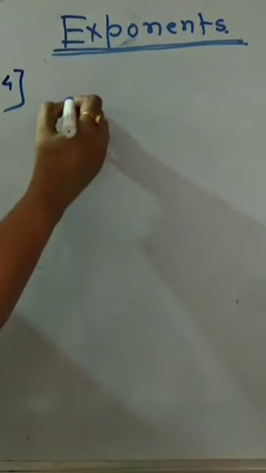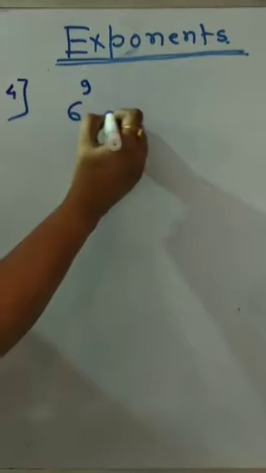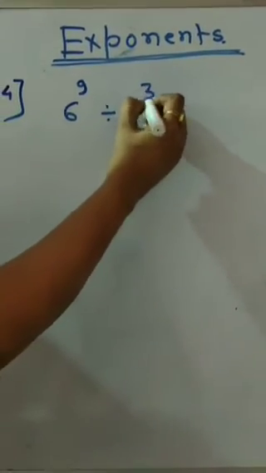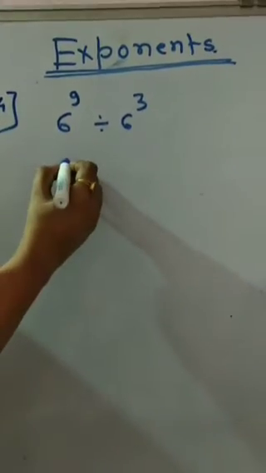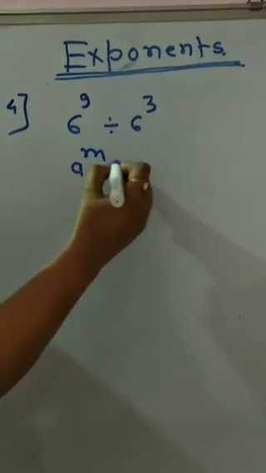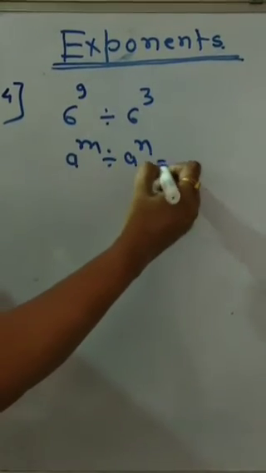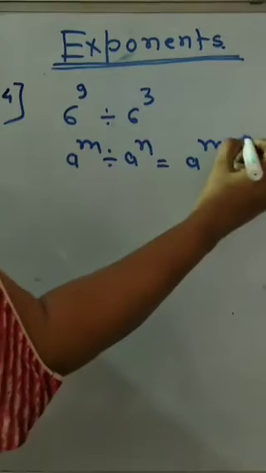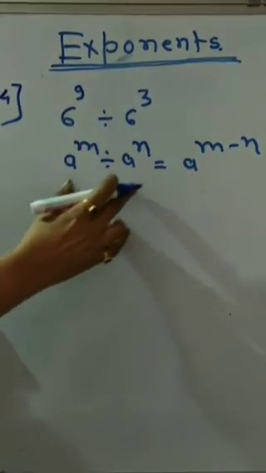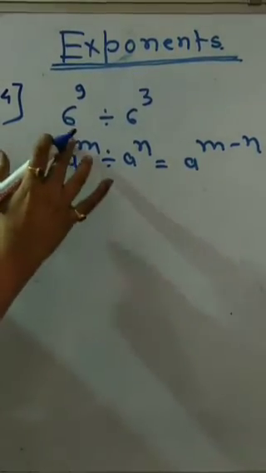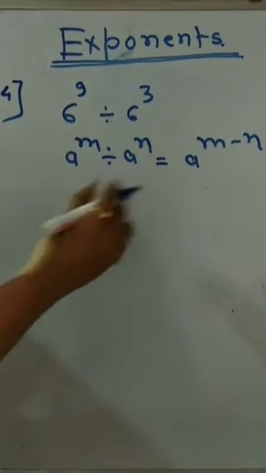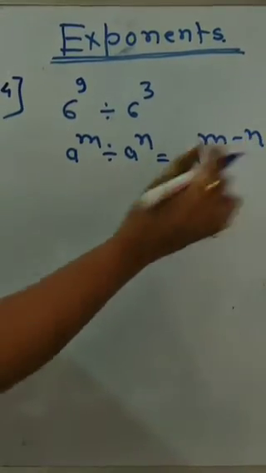Fourth one is 6 raised to 9 divided by 6 raised to 3. There is the formula a raised to m divided by a raised to n, therefore a raised to m minus n. In division, whenever the base is the same and the index is different, we have to do subtraction of the index.